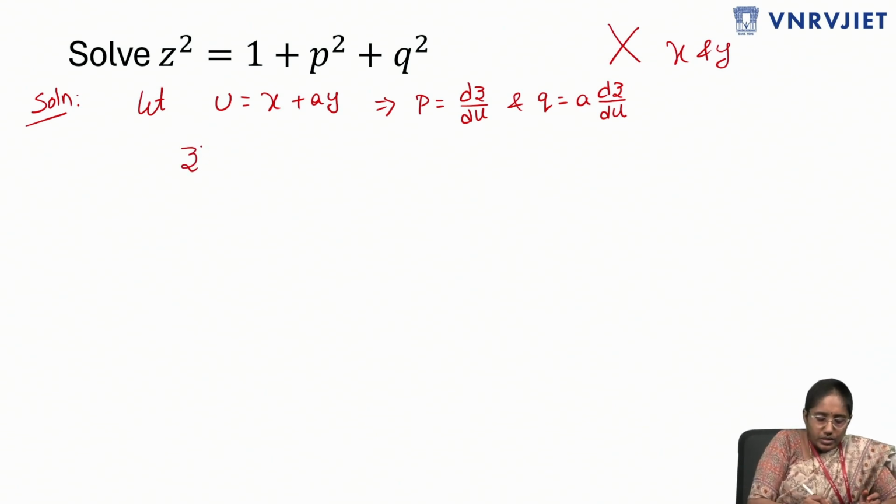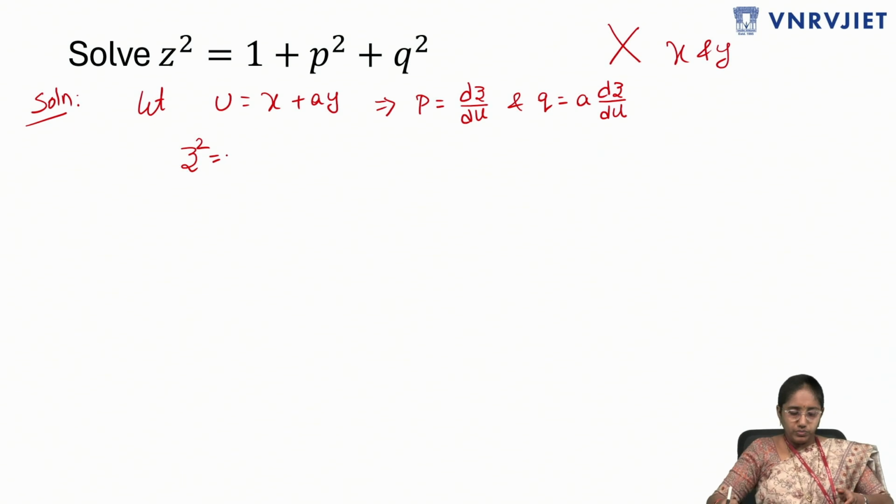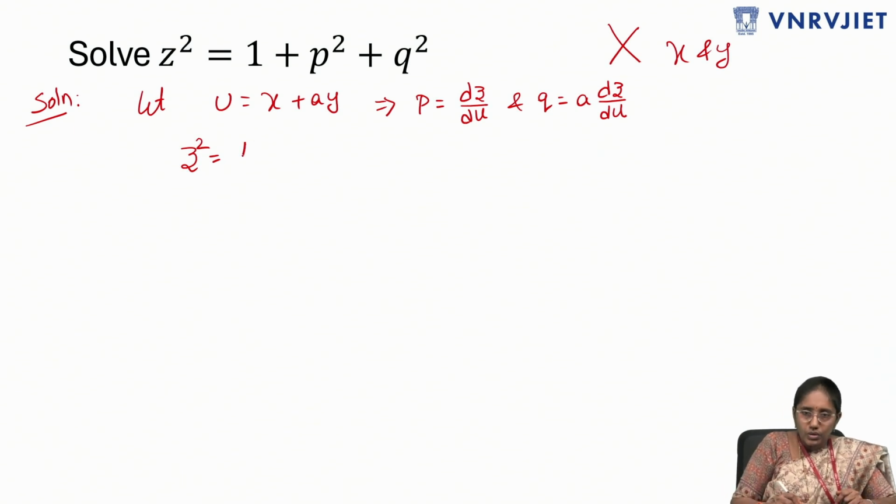Then we will get z² = 1 + (dz/du)² + (a dz/du)². Just simplify this.